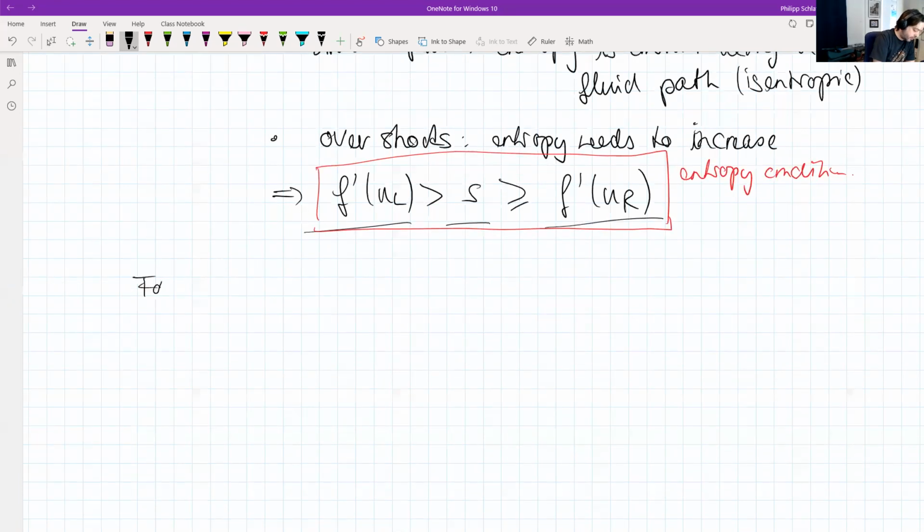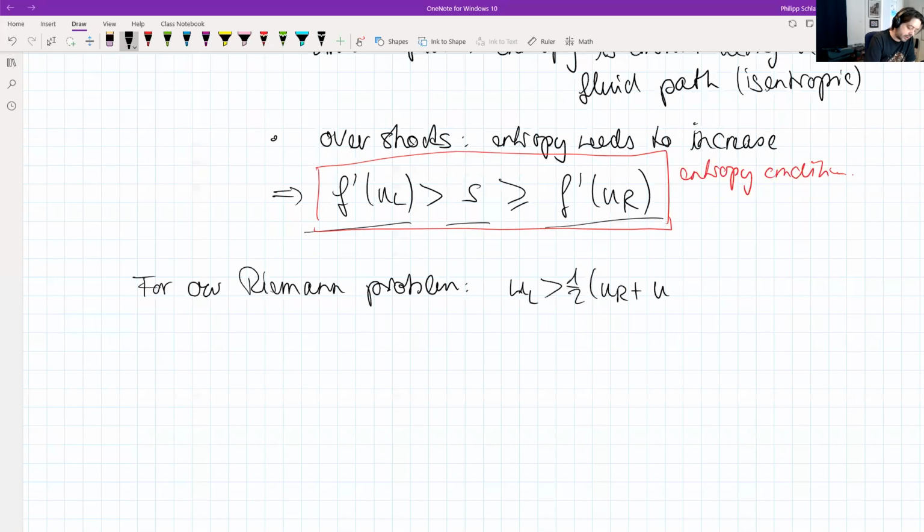So for our Riemann problem, well, what we see is actually there we have UL, which is larger than 1/2 of UR plus UL, which is larger than UR.